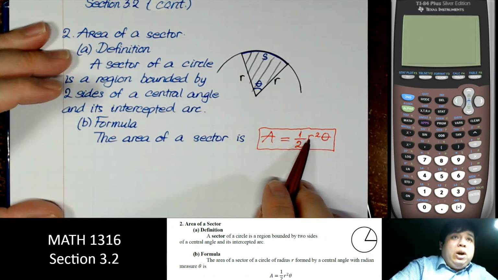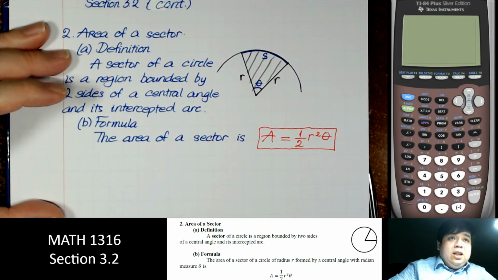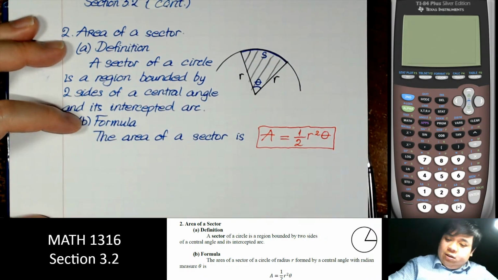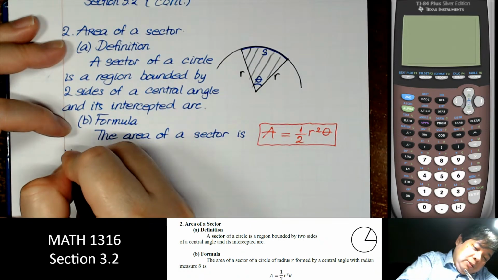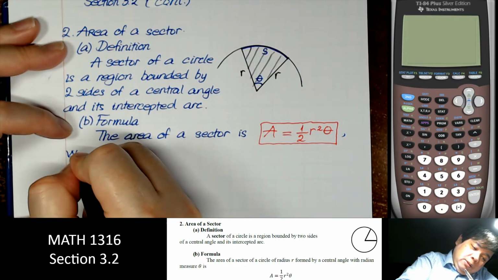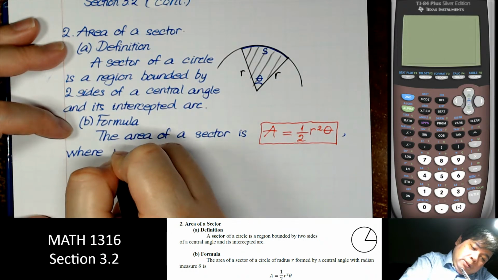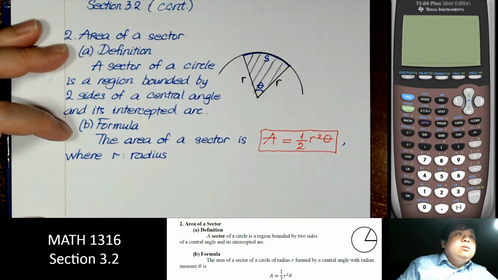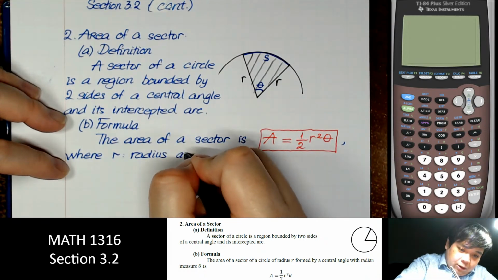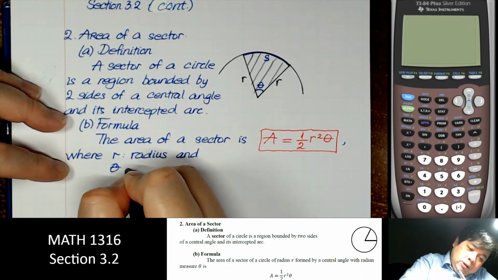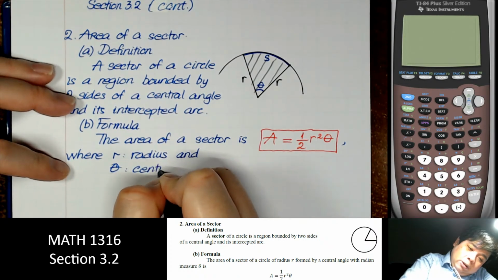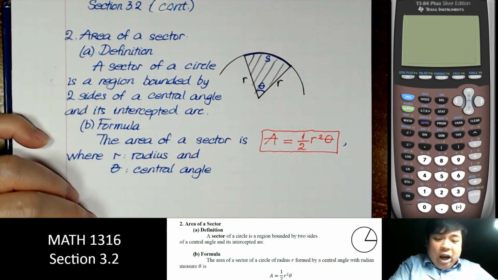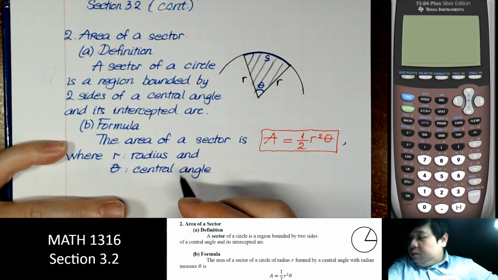Of course, r is the radius and theta is the central angle, and the central angle has to be in radians.